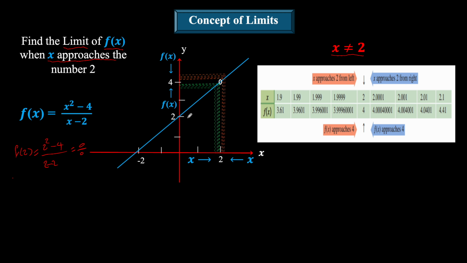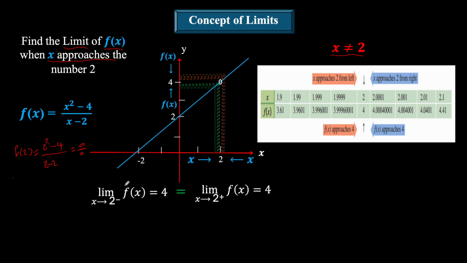So in this case, we will read it as follows. You see, the limit as x approaches 2 minus, where this minus means from the left, of f of x is equal to 4, okay? You see, it is approaching 4.